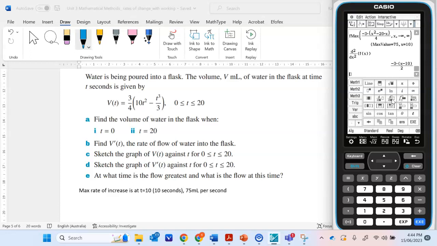Okay, so there it is. So if we let that equal 0, solve equals 0, comma x, we should get 10. Okay, so there's many ways you can do it. You don't have to use the second derivative, but some people do like to use the second derivative.